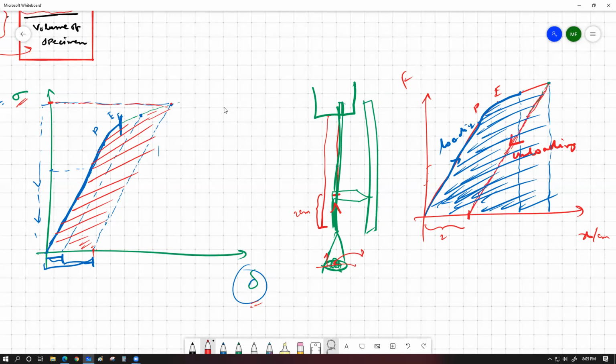If we unload it all the way to zero deformation, then the total amount of energy that will be given out in the unloading process is going to be the area under the unloading graph, which is basically this much triangle. You can see pretty well that this whole blue shaded area was the total amount of energy that was stored within the specimen while it was extended, and while we were unloading, the amount of energy that was given out is also the area under the unloading graph.